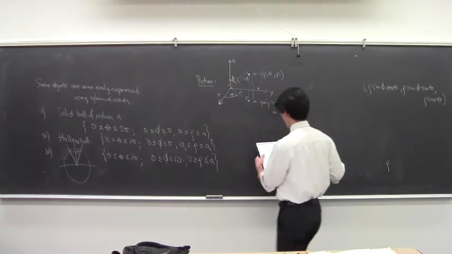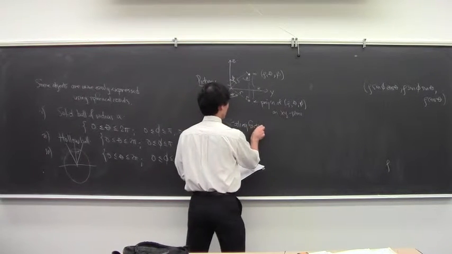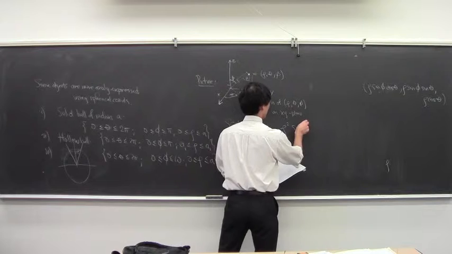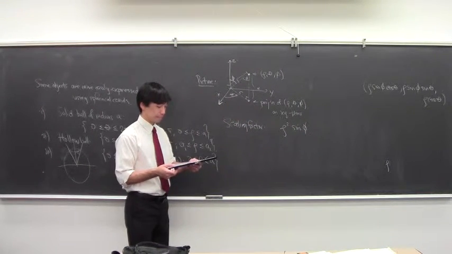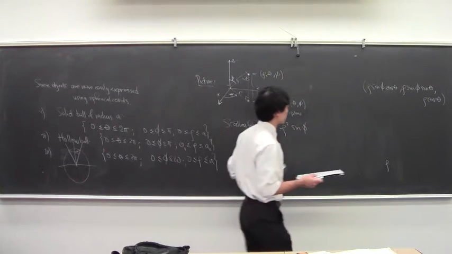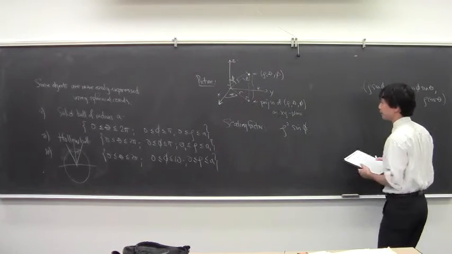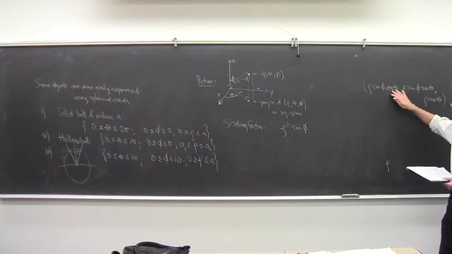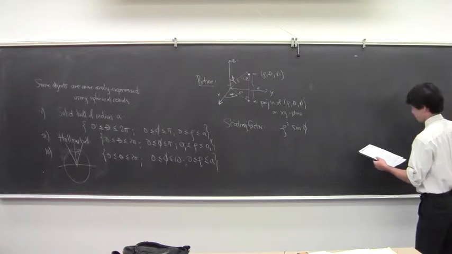So the scaling factor, in this case, you can work it out. It turns out to be rho squared sine phi, which is the determinant of the matrix of the derivative of this map. Okay.